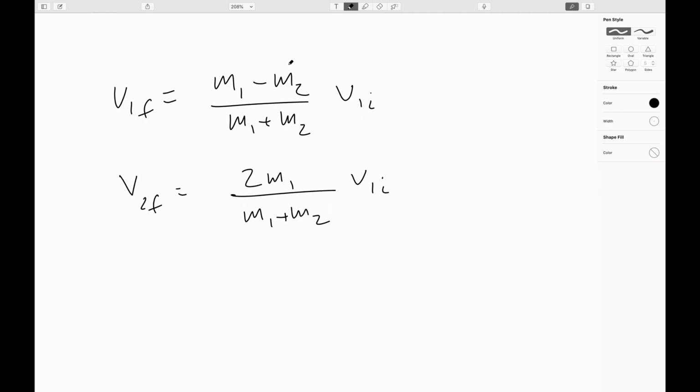So if M2 is really big, then this is going to be a negative number that's just barely under M2. This is a positive number just barely bigger than M2. So sure enough, this is going to be minus a number just barely under 1 of the speed you had before. In other words, you're basically flying out at the same speed you came in. And then here, M1 would be very tiny.